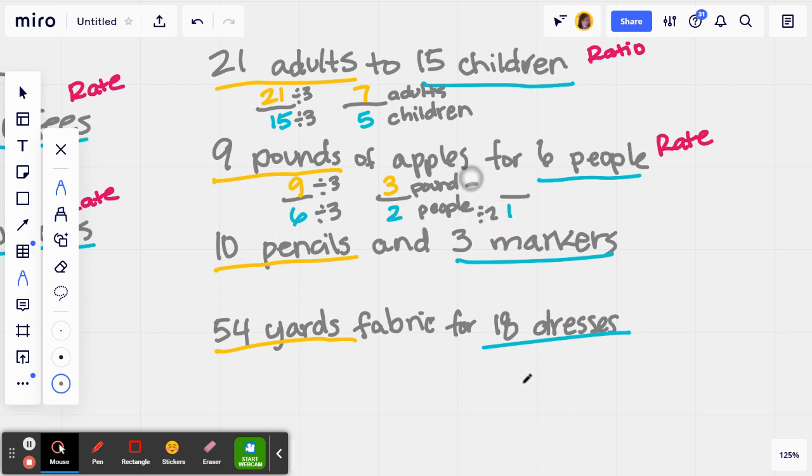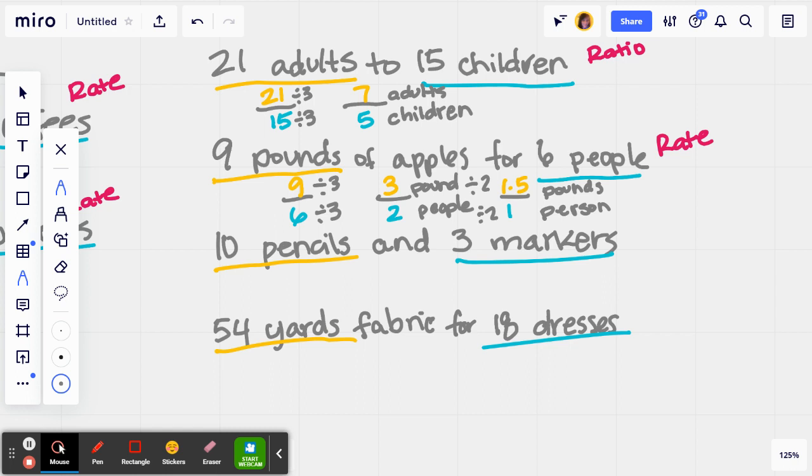And can we divide 3 by 2? Sure we can. It doesn't come out even, but we can do it. So 3 divided by 2 is 1.5. So what that means is each person is going to have 1.5 pounds of apple. So we can do a unit rate for that.